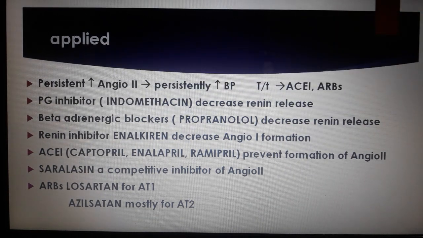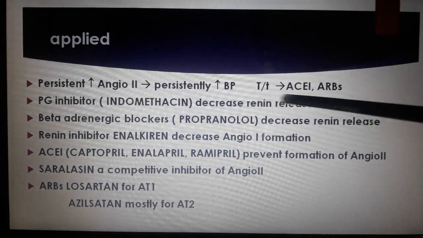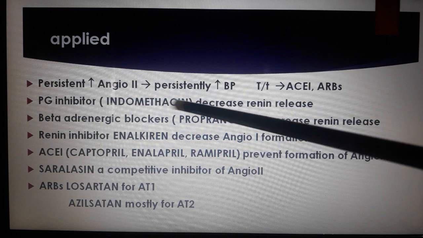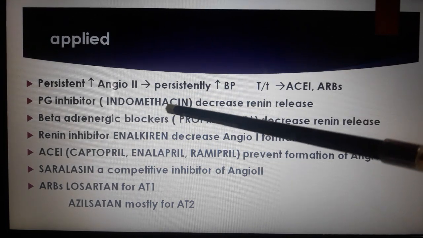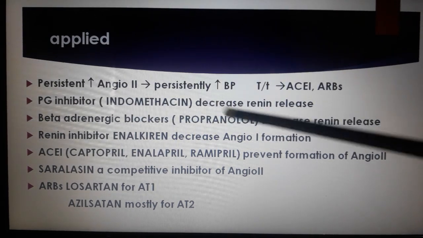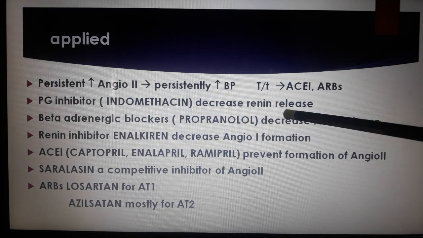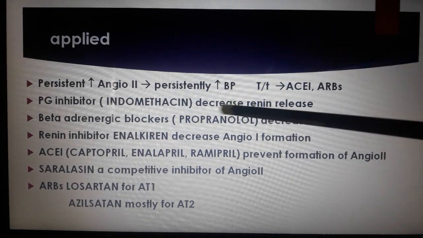Then prostaglandin inhibitor: we know that prostaglandin stimulates the release of the renin. So prostaglandin inhibitor like indomethacin decreases renin release. Beta adrenergic blocker, that is sympathetic blocking, that is the propranolol, decreases renin release.